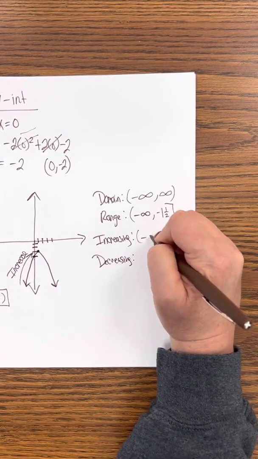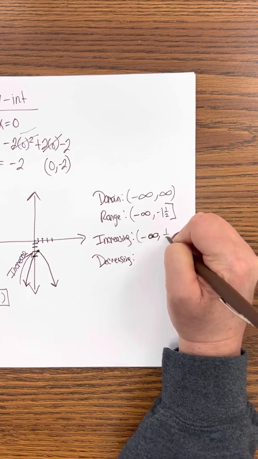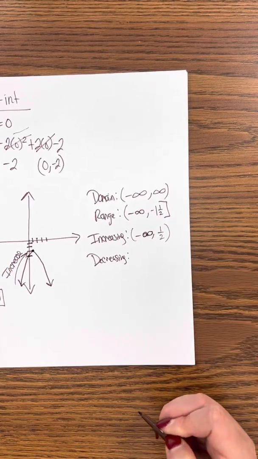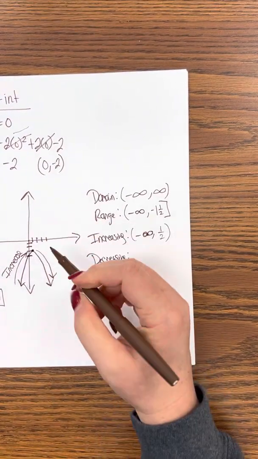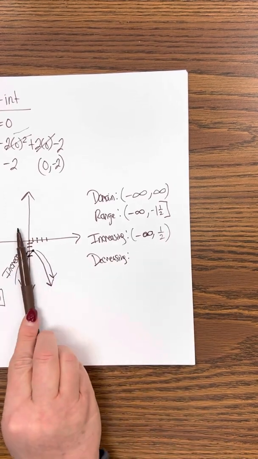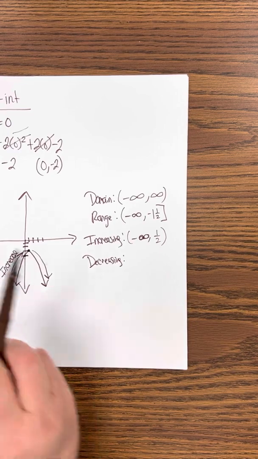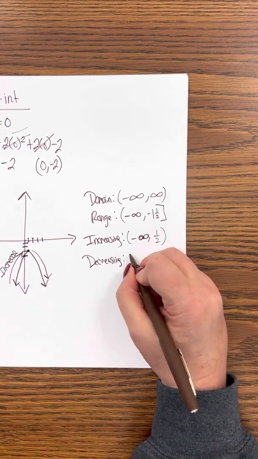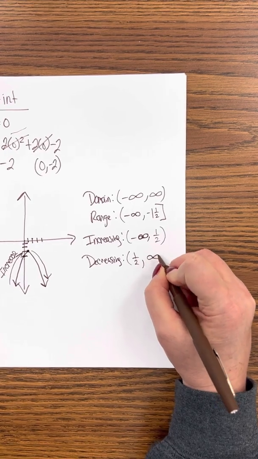So negative infinity to 1/2 is your increasing. And then your decreasing is from here to here. So 1/2 to positive. Remember, you're using your x. It's going out positive. This one's going negative infinity. So this one's going to be 1/2 to positive infinity.